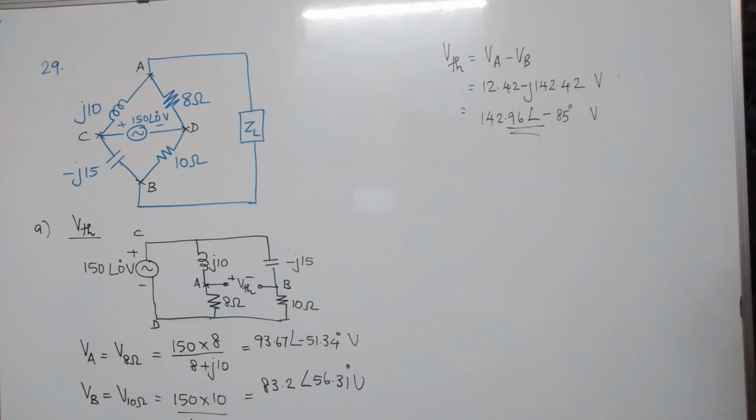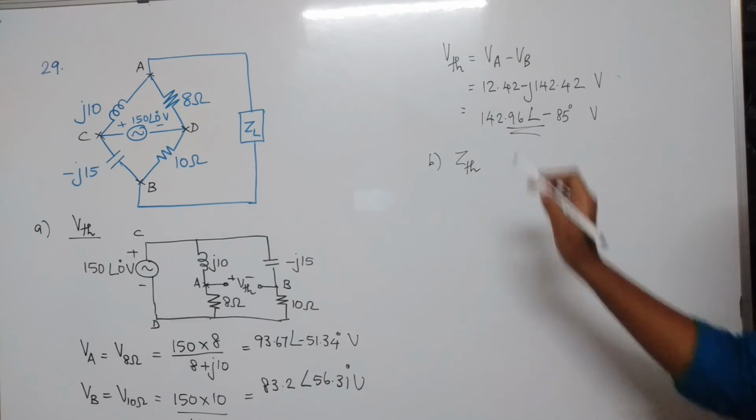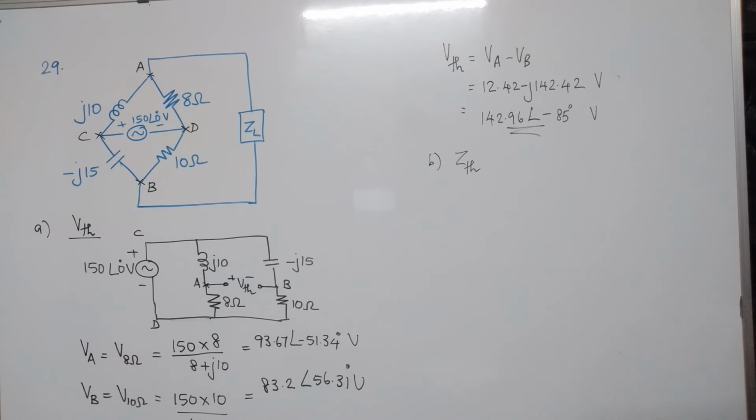So this is VTH. Now we need to find out ZTH, the Thevenin equivalent. So for that also let's change the orientation of the circuit and we'll redraw it.